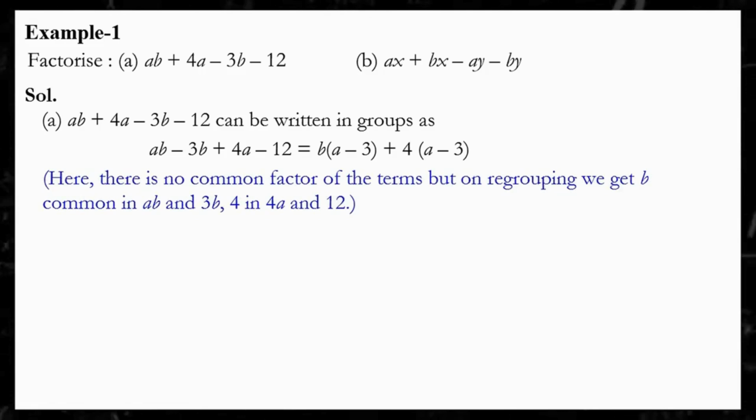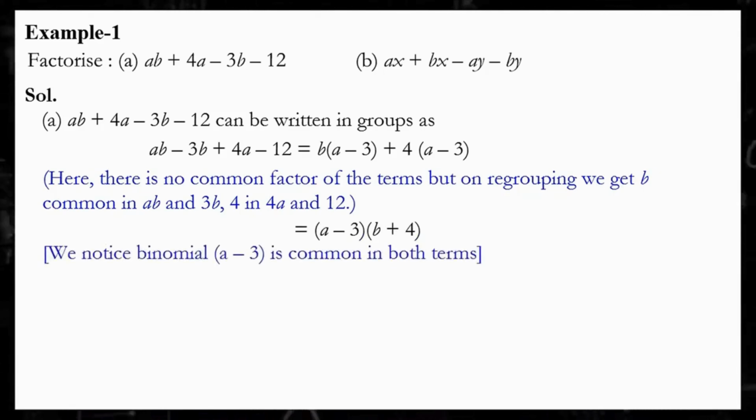Here, there is no common factor of all the terms, but on regrouping we get b common in ab and 3b, and 4 in 4a and 12, which gives (a minus 3)(b plus 4). We notice the binomial (a minus 3) is common in both terms.